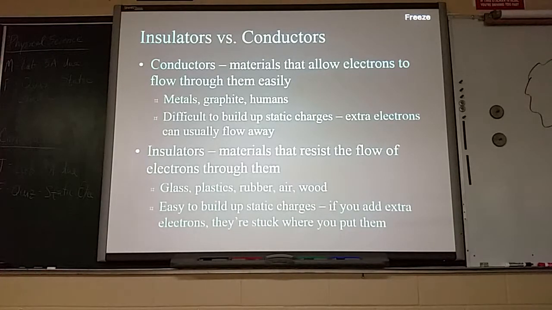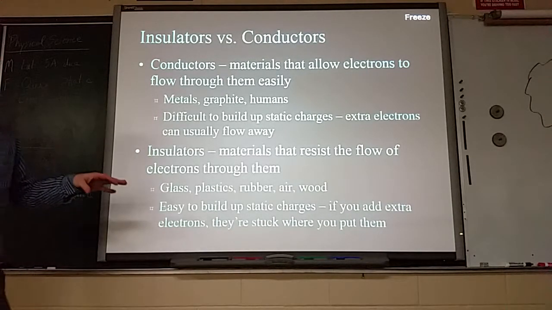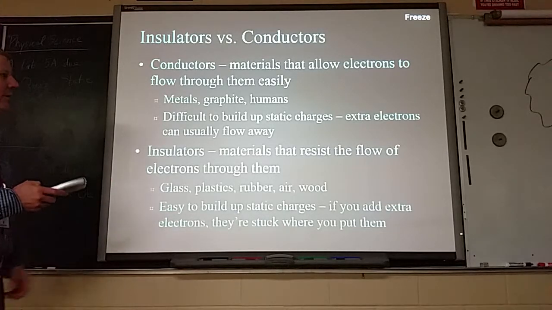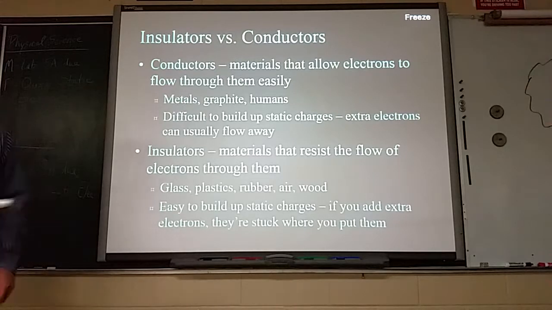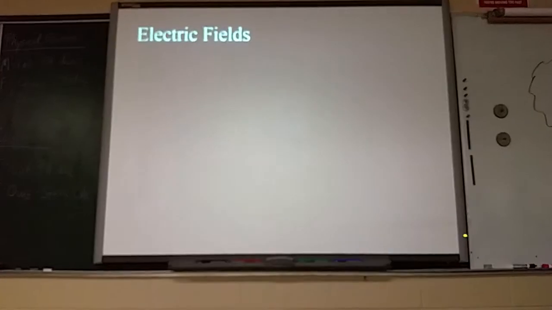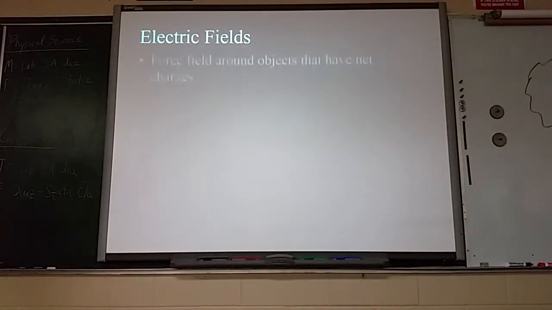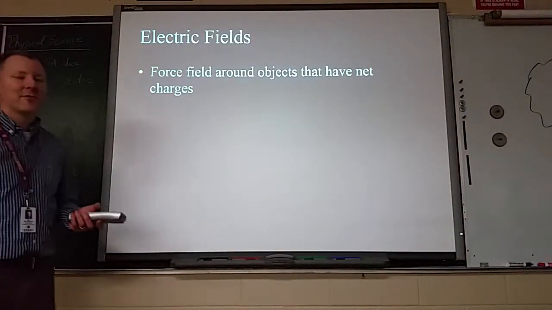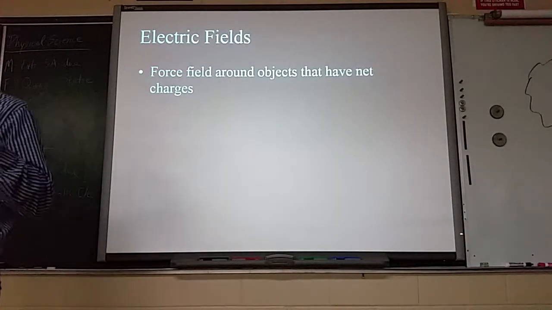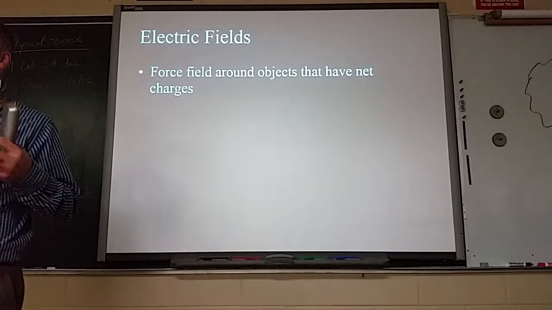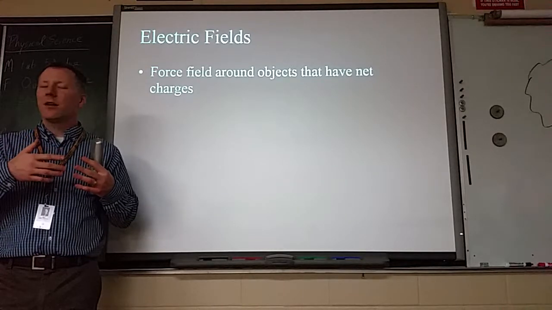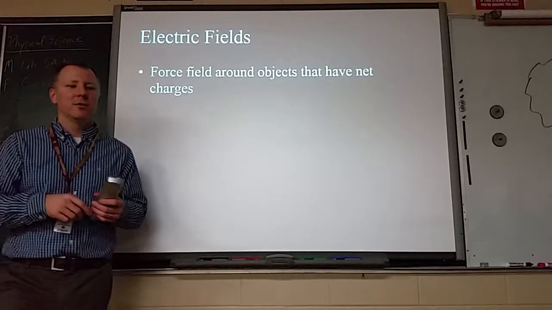We saw how different charges built up on things interact in our experiment. And they interact because of something called electric fields. Electric fields are force fields around objects that have charges. If you bring two things that have similar charges, so both negative, towards each other, what happened to them? Think of our lab with the spinning tubes.